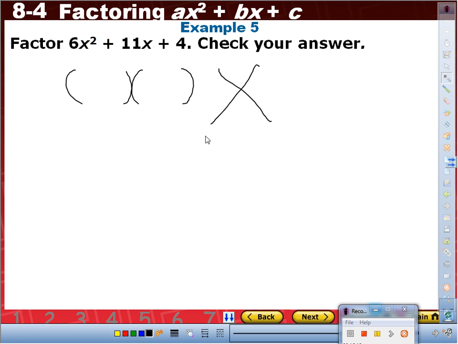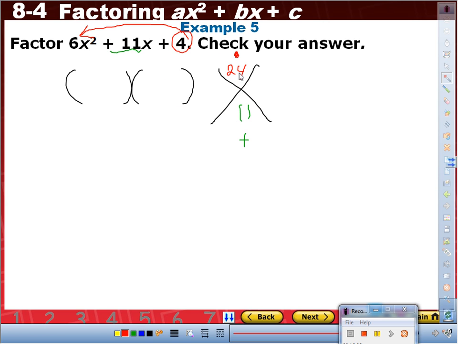So check this out. This one still goes down here. That's my sum. But pay attention to this. Okay, don't write anything down. So the middle term goes down here.